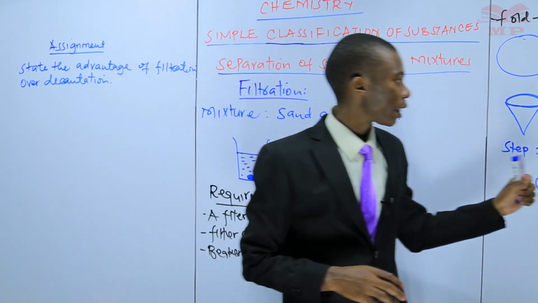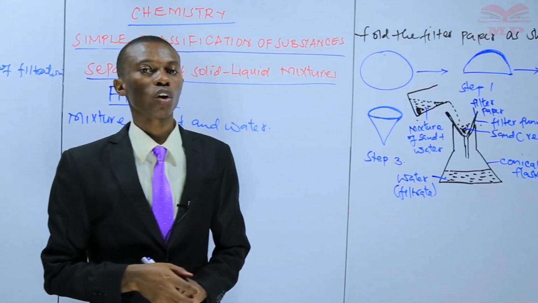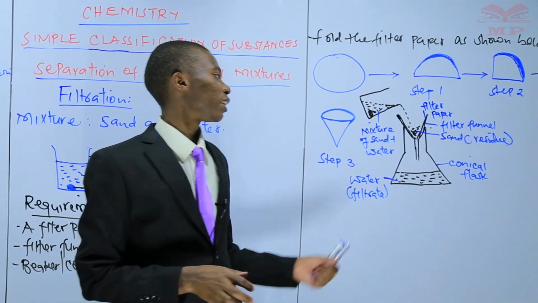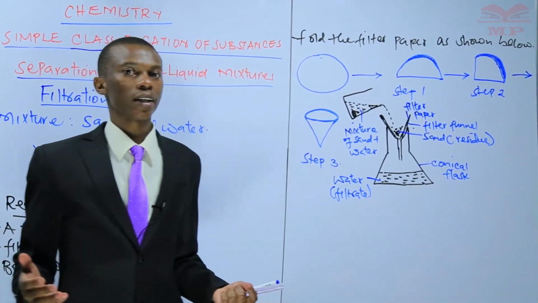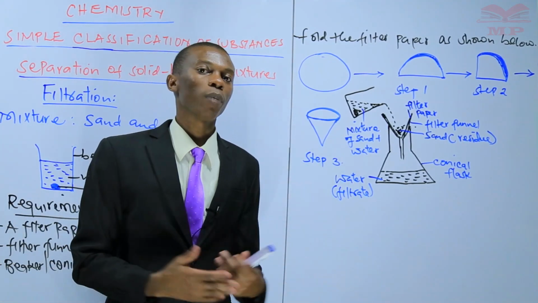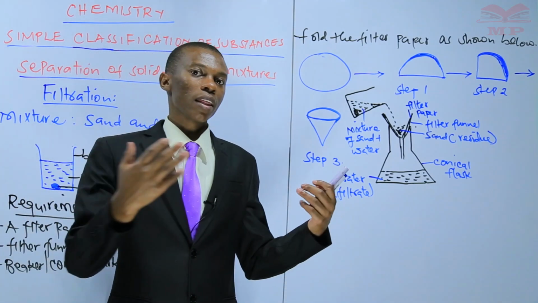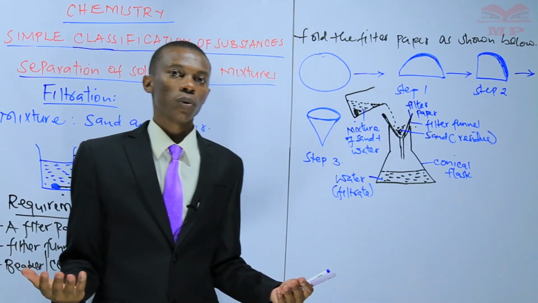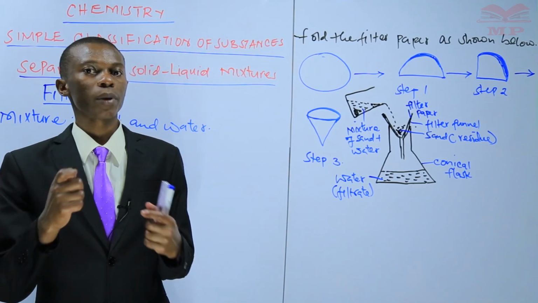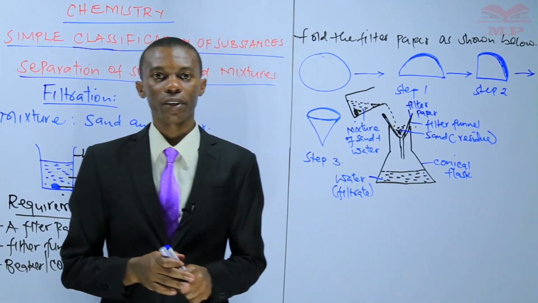I said that in filtration, the liquid collected is very clear. It does not contain any solid particle. While in decantation, the liquid which was collected had suspended solid particles. And therefore, that's why we said it is not effective.